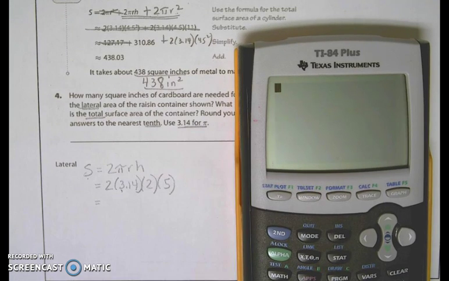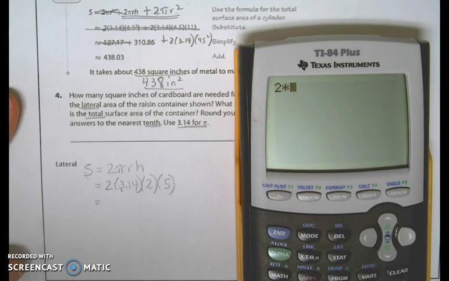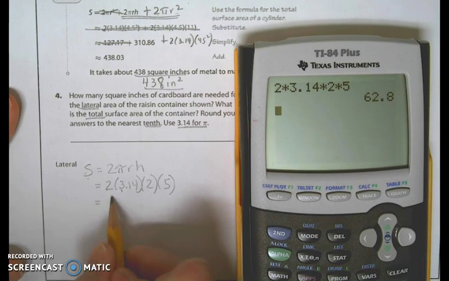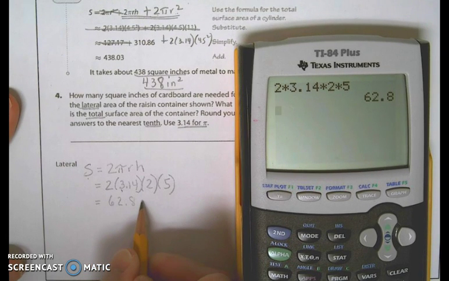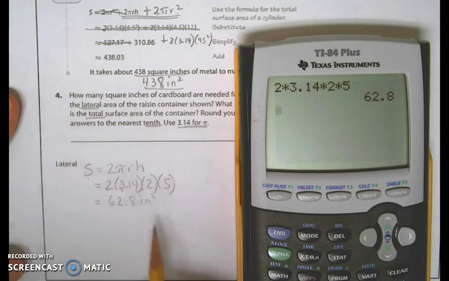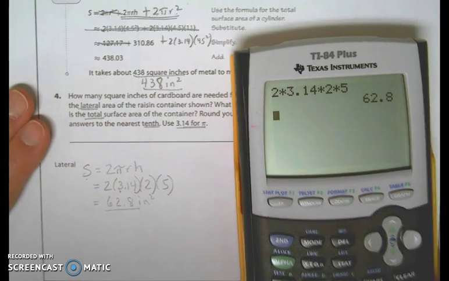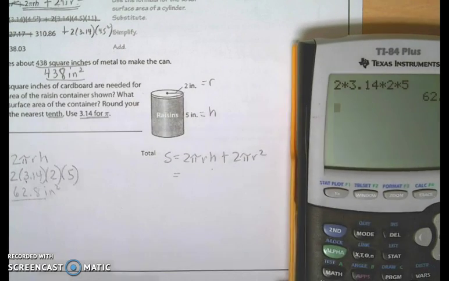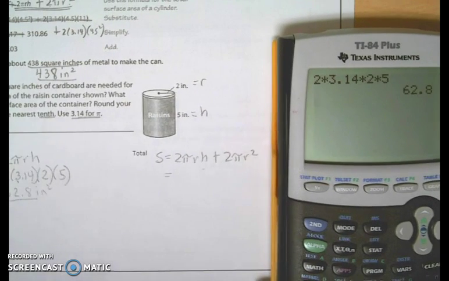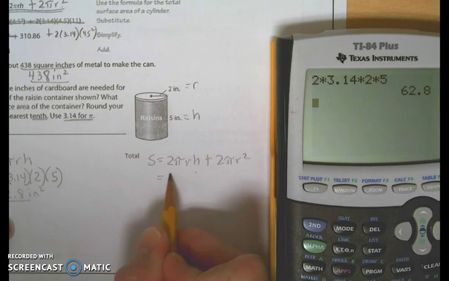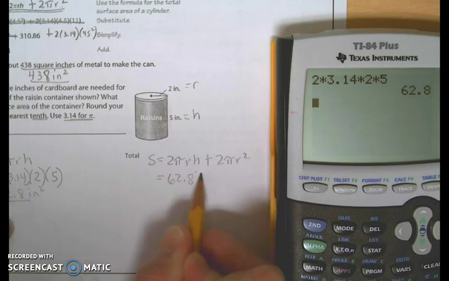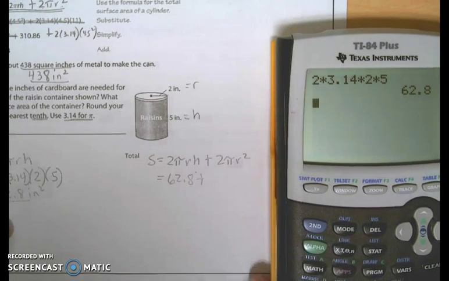Okay, so I wrote down 2 times 3.14 times 2 times 5. I'm going to put that into my calculator. Pressing enter, I get 62 8/10 square inches. Since it's already to the tenths place, I don't have to do anything else with it. I'm now going to go to my total formula.